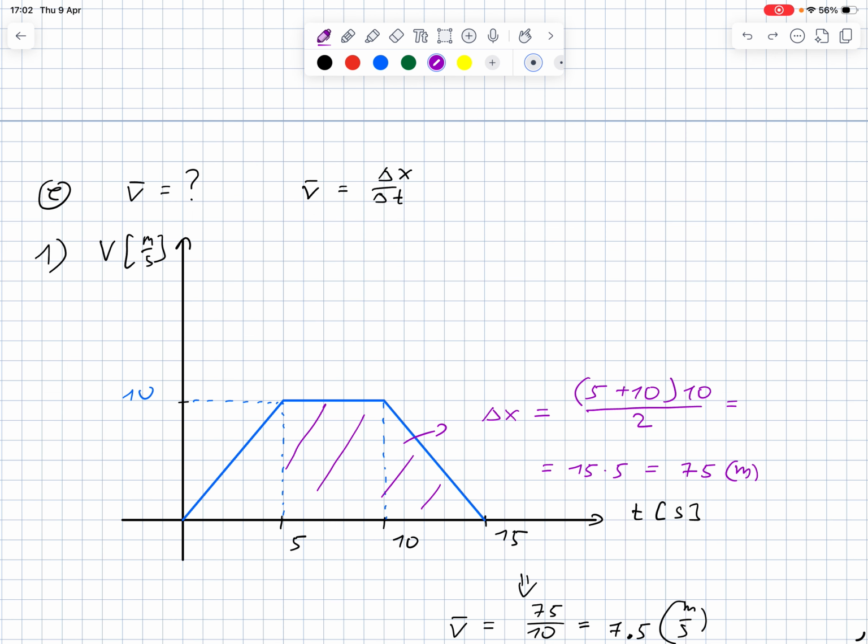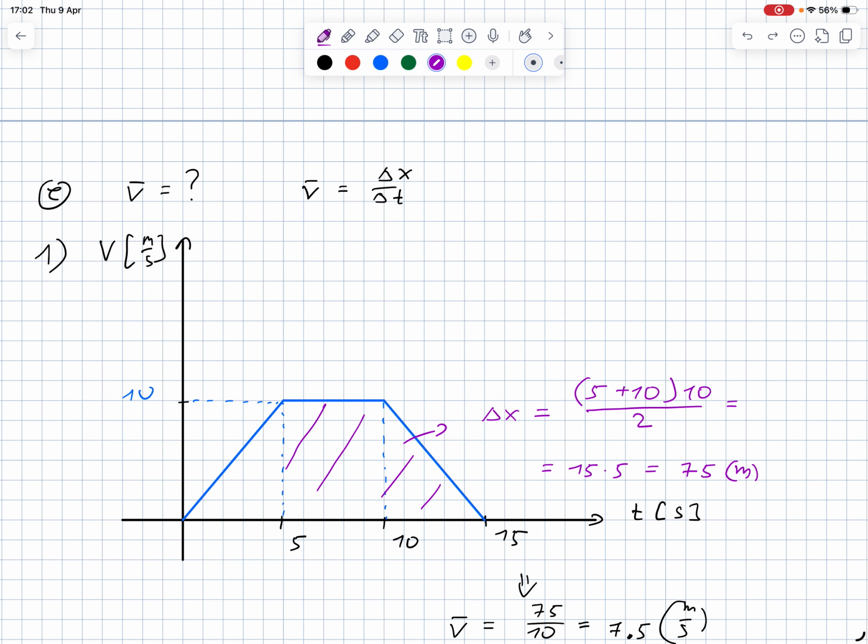In previous videos, I explained that the area under v of t is actually delta x. So delta x between 5 and 15 is a trapezoid.